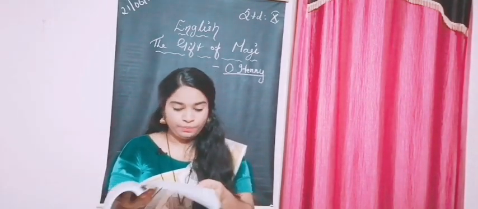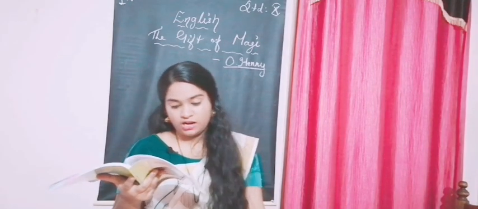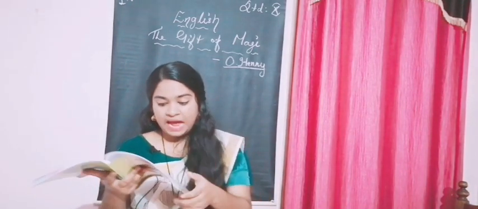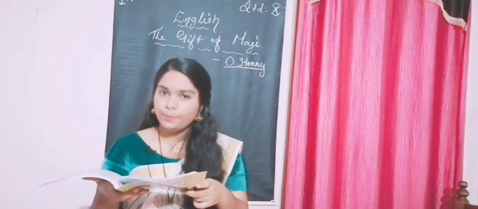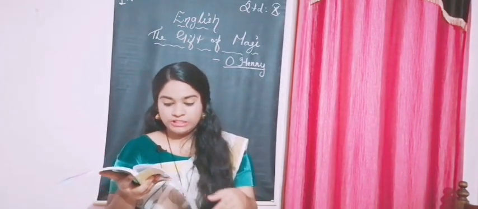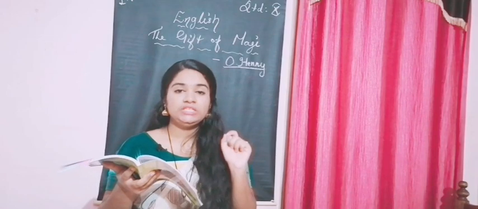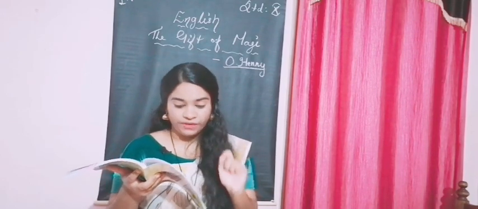Okay, so that's our fourth para. Let's go to the fifth para now. The Dillingham had been flung to the breeze during a former period of prosperity, when its possessor was being paid $30 per week.